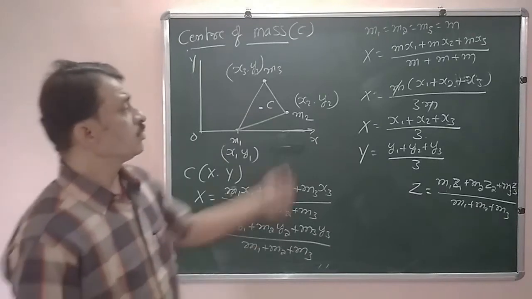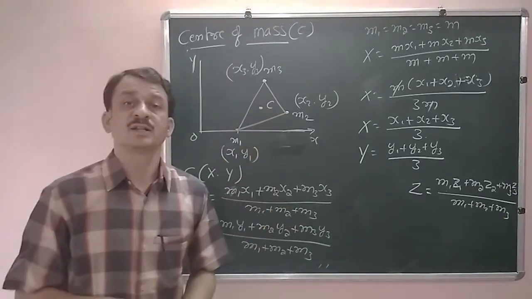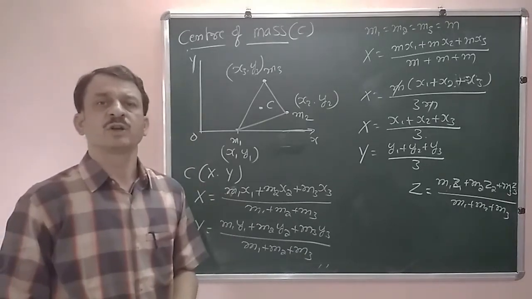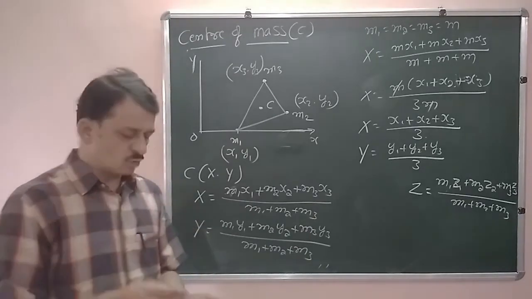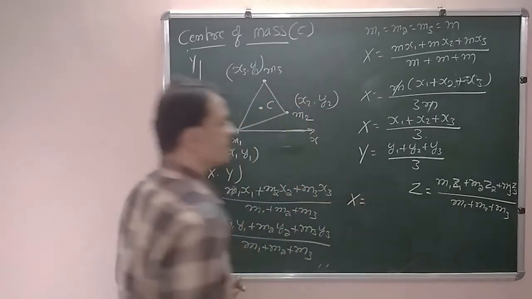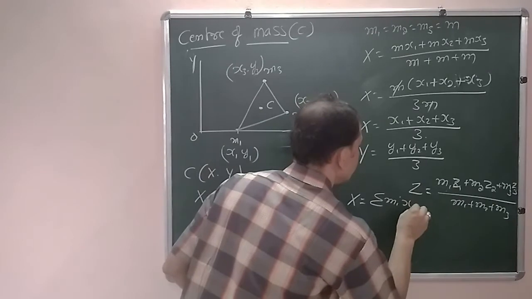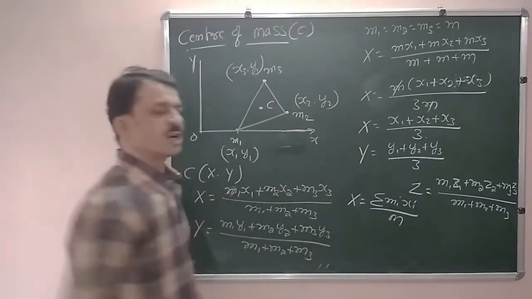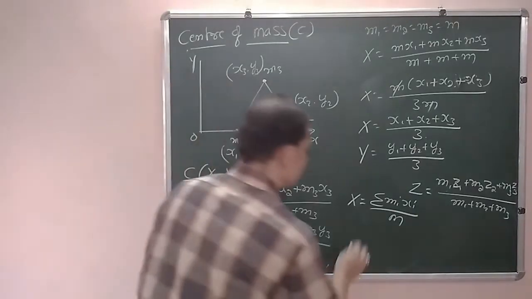Or if we have a system of n particles having x1, x2, ... xn coordinates, y1, y2, ... yn coordinates, and z1, z2, ... zn coordinates, then we can write X using the sigma notation as sigma mi xi divided by capital M, where capital M stands for the sum of the masses of all the particles.